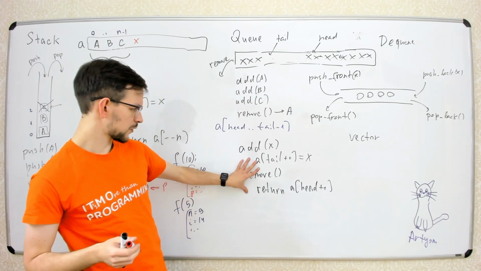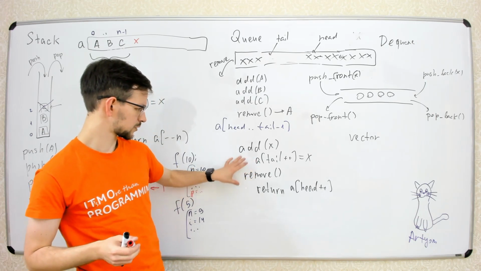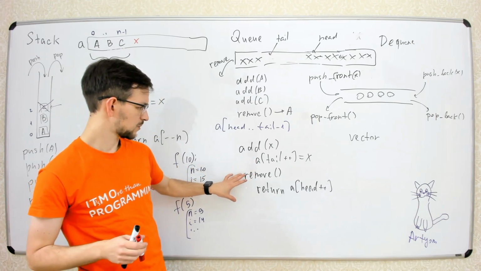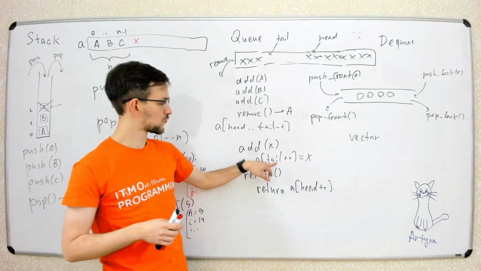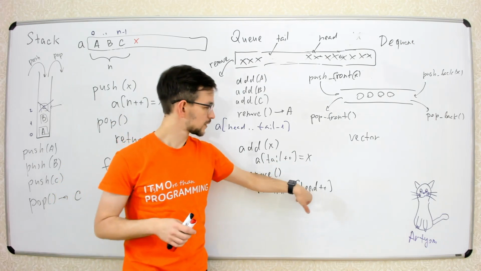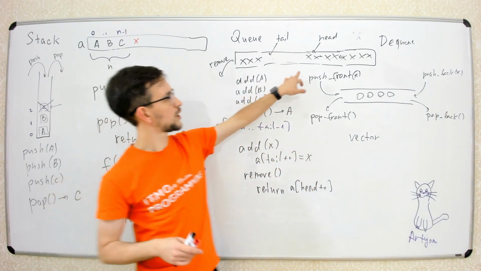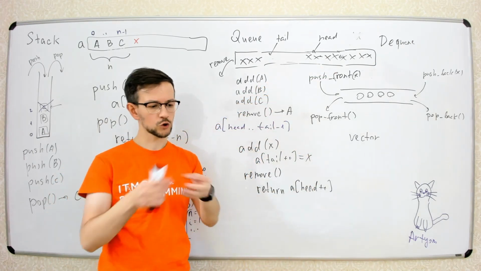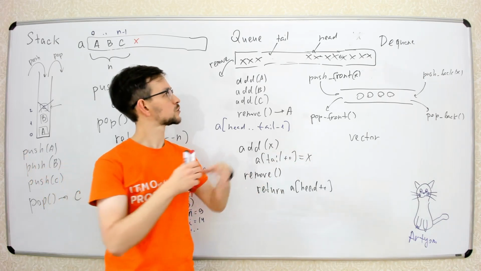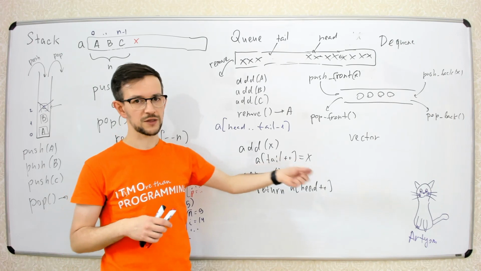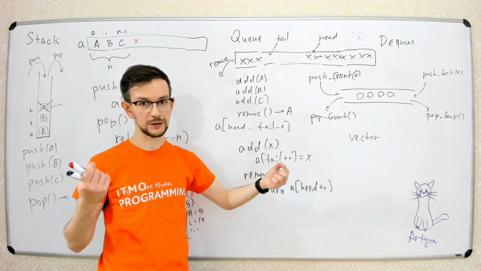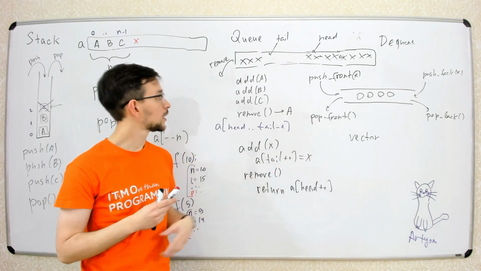The changes are pretty simple. Can you implement it by yourself? When you move these pointers, you just need to take them modulo n, the size of the array. So if n is the size of the array, here you have plus plus, and then take it modulo the size of the array, and here so on.